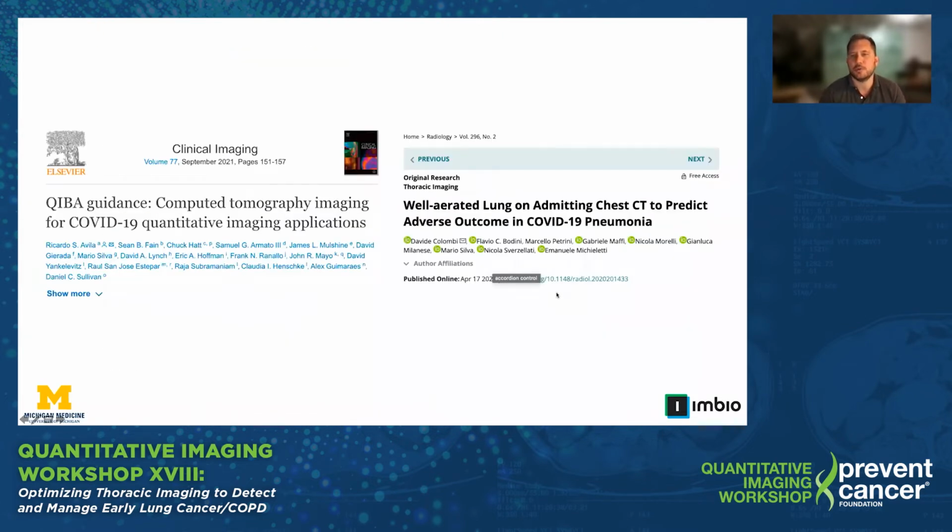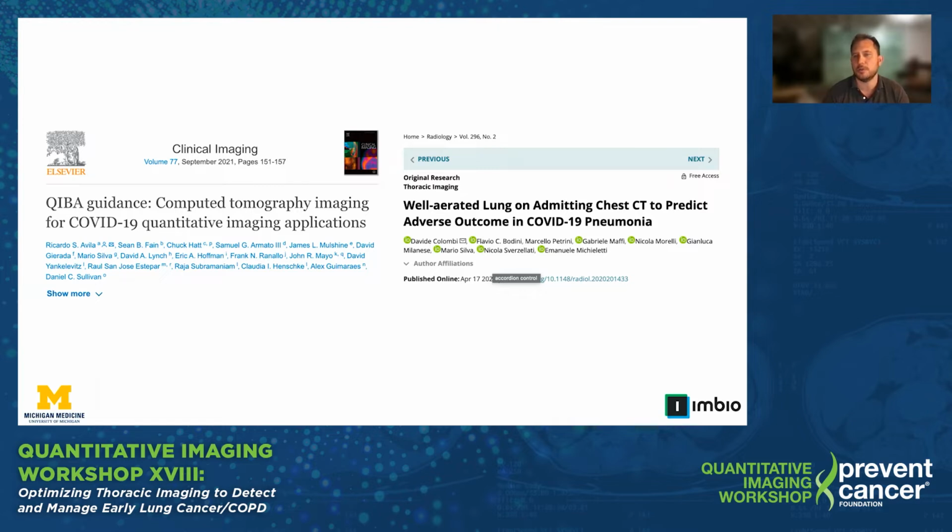In spring 2020, the Small Lung Nodule and Lung Densitometry Committees got together to write a guidance document on optimal protocols for quantitative assessment of COVID. Not much was known yet about quantitative CT for COVID. We knew that CT imaging was not commonly used in the US due to concerns about contamination and the availability of PCR testing.